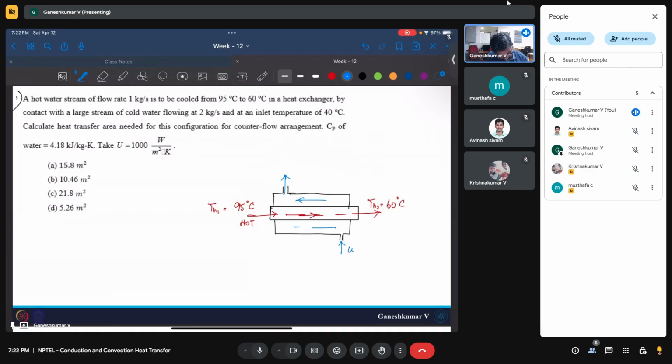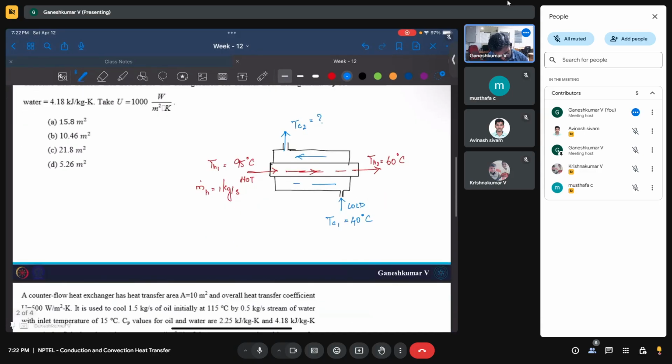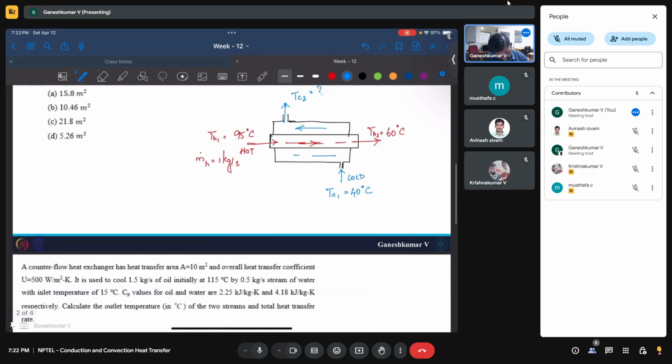And similarly, the cold fluid goes from TC1 at 40 degrees Celsius to TC2. We don't know what this TC2 is. And the m dot here is 1 kg per second, and the m dot here is 2 kg per second.